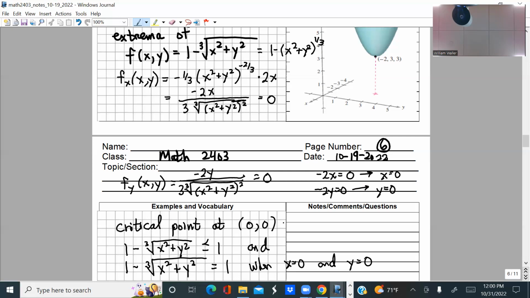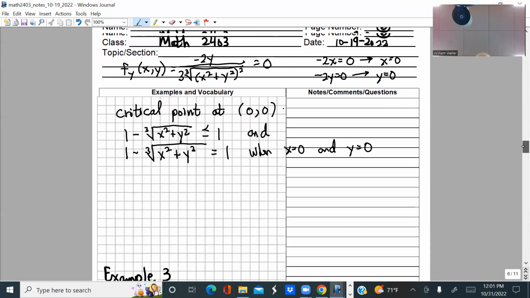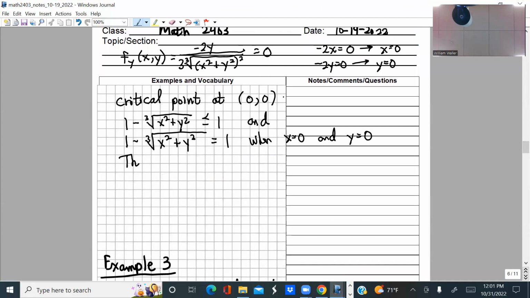It's an absolute maximum, not just a local maximum, for that surface. That surface can never be above 1, and it only hits 1 at the critical point.